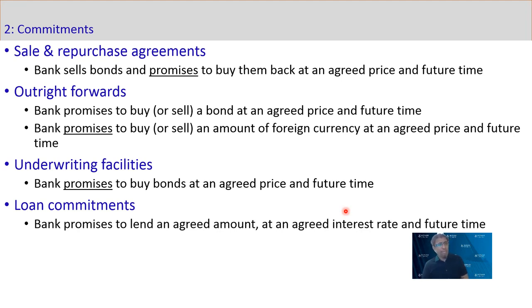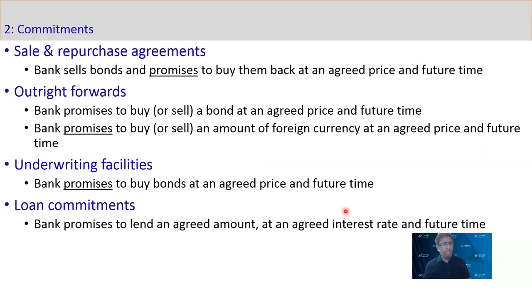So they ask the bank to provide some type of guarantee in the future. If this customer is planning to issue the bonds next year, the bank guarantees to buy them or sell them after 1 year. Then in this case, it becomes off balance sheet.